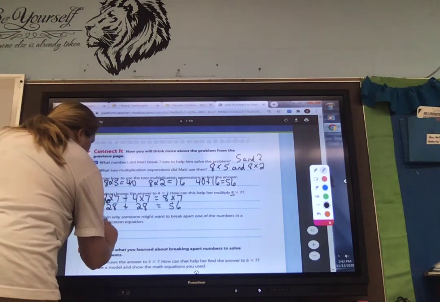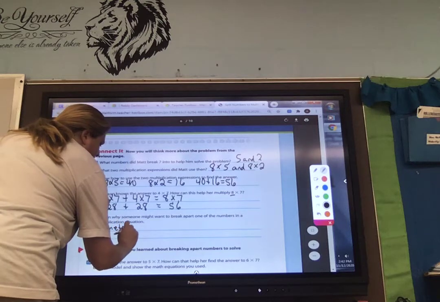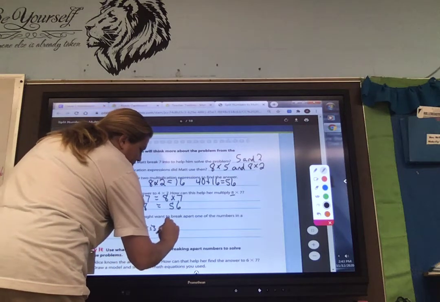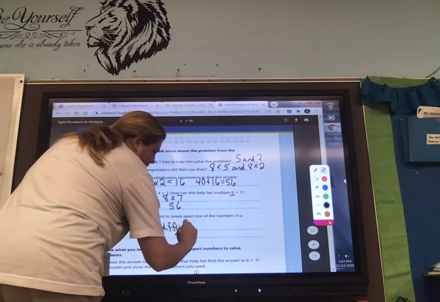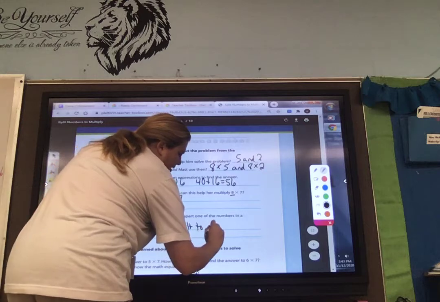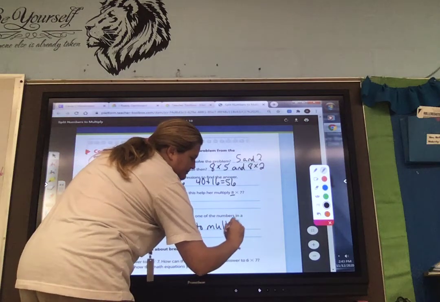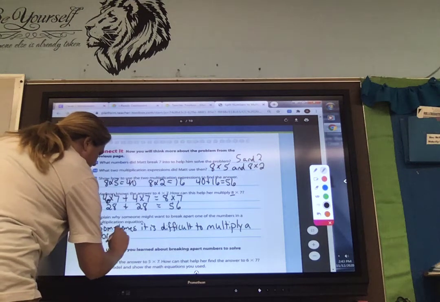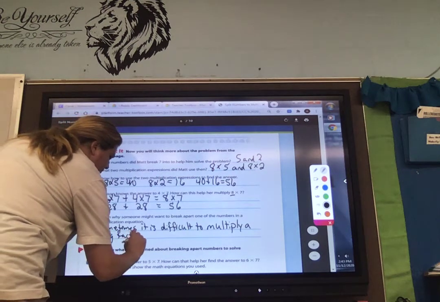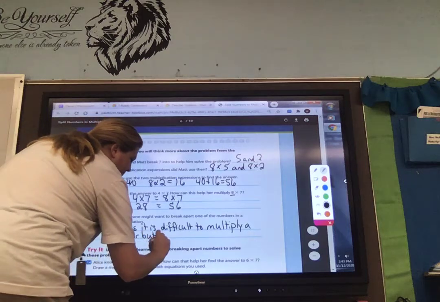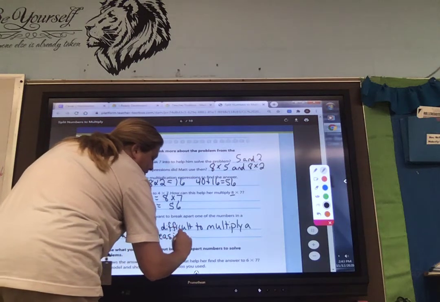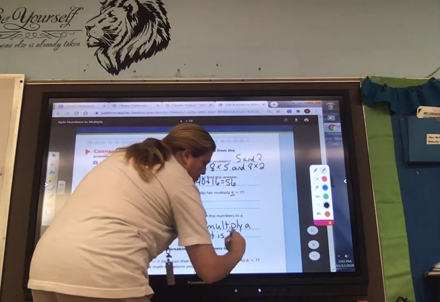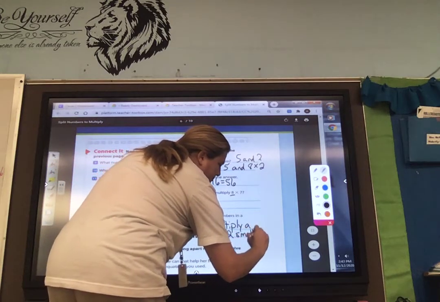So sometimes it is difficult to multiply a big factor, but easy or easier when it is two small factors.